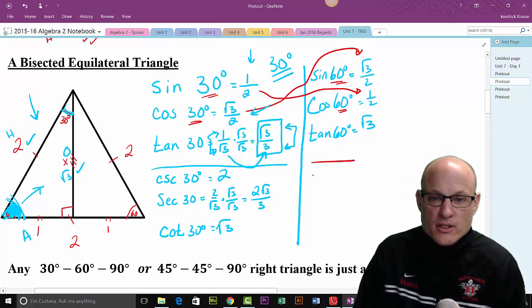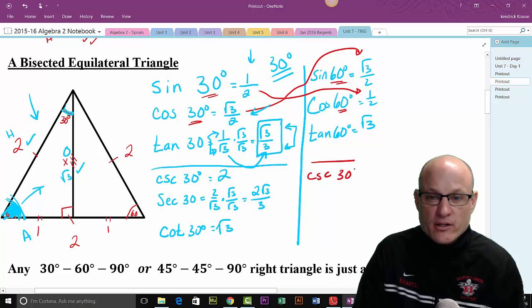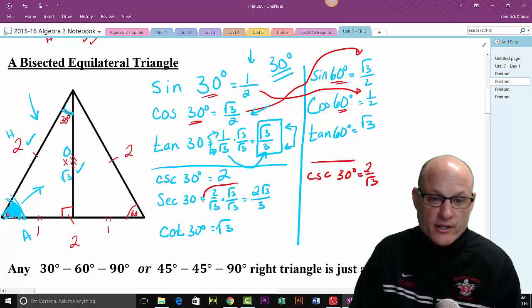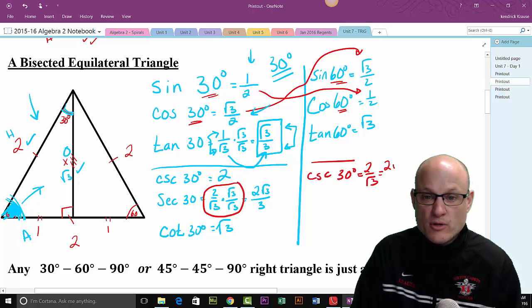All right, let's go. Cosecant of 60 degrees is the reciprocal of sine, which would be 2 over radical 3. Well, we already did that work right here. We know that that turns out to be 2 radical 3 over 3.